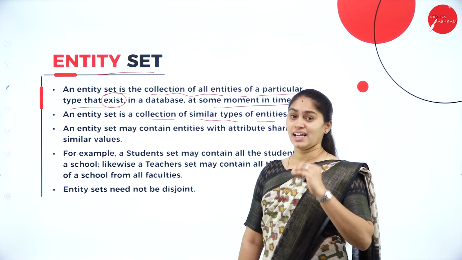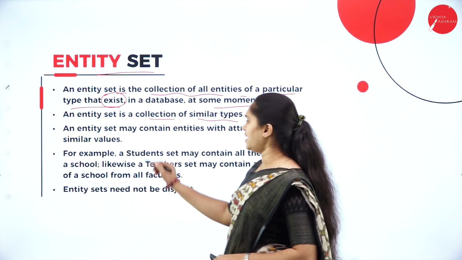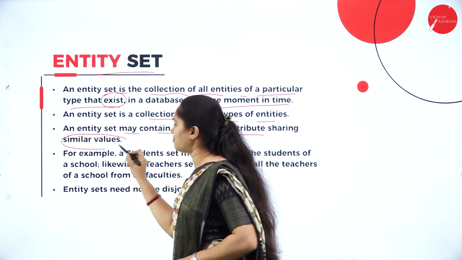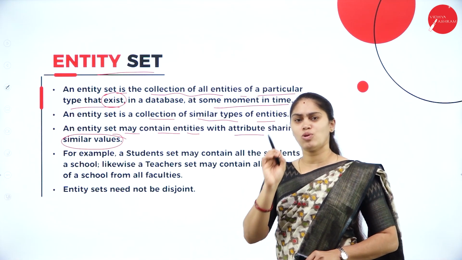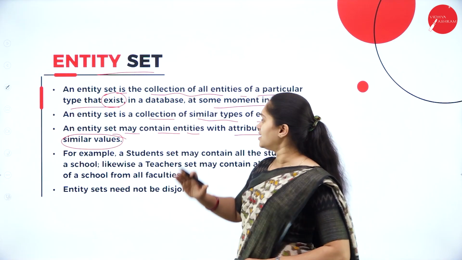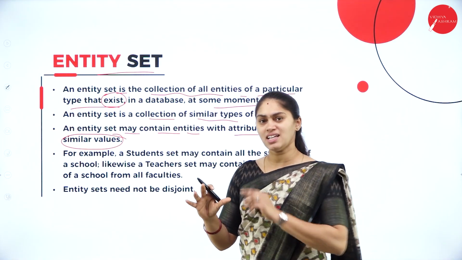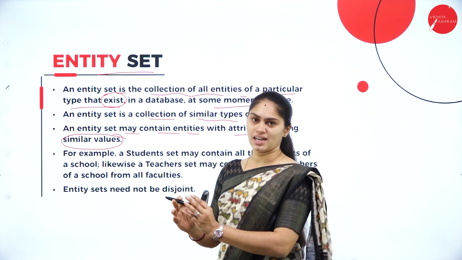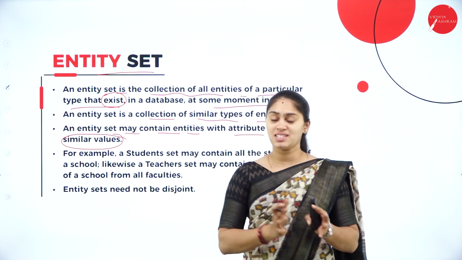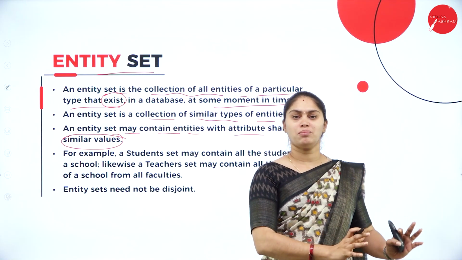That is an entity instance. An entity set may contain entities with attributes sharing a similar value. Remember, this is the only difference between entity type and entity set. This is also a collection of entities of the same particular type. If I say the student entity, then only students. If I say the employee entity, only employee entities.